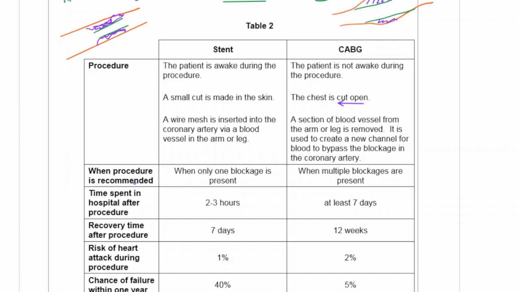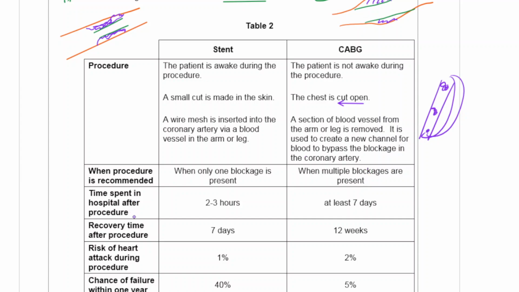When is each procedure recommended? Why would you recommend these two different types of procedure? When only one blockage is present, you could use a stent. When multiple blockages are present, so if you've got blockages there, there, and there, then you'd want to bypass all of them in one go.